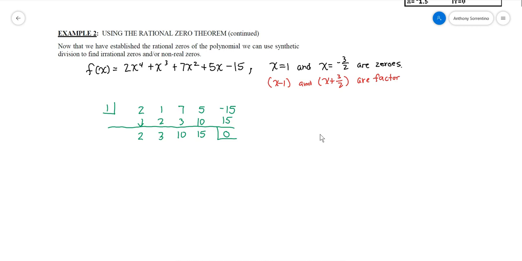Now, I'm not going to stop my division here, because if I stop my division here, this basically would let me say at this point that f of x equals x minus 1 times 2x cubed plus 3x squared plus 10x plus 15. I want to break that down further because I know there's another factor.